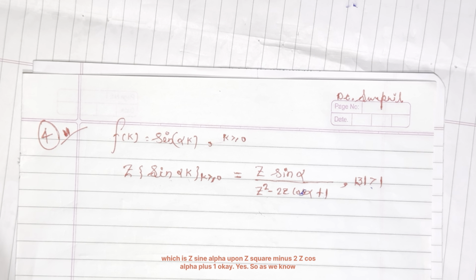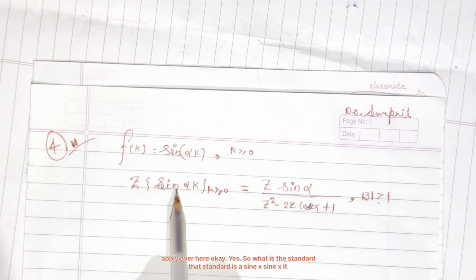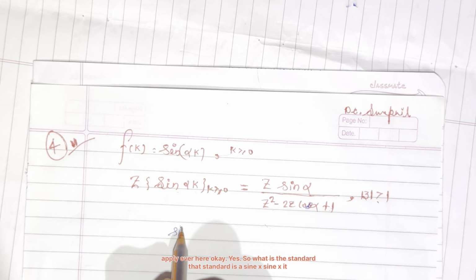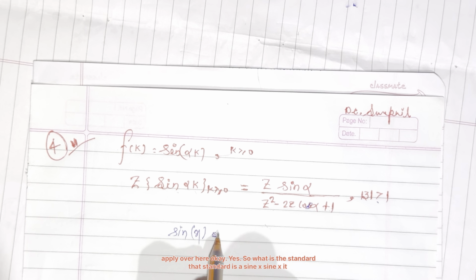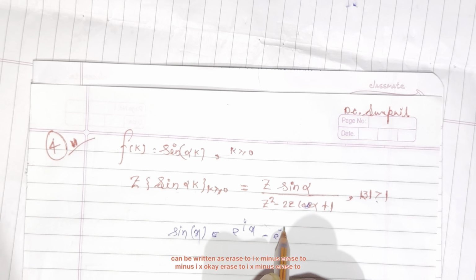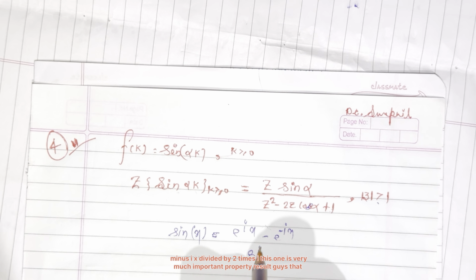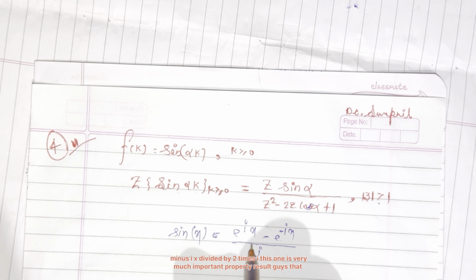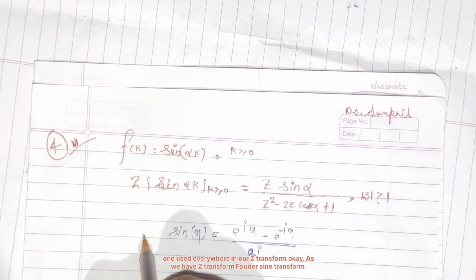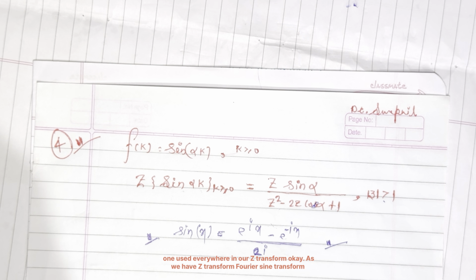As we know, we already learned one standard result that I'm going to apply here. Sin x can be written as e raised to ix minus e raised to minus ix, divided by 2i. This is a very important result that is used everywhere in the Z transform, Fourier sine transform, and cosine transform, where you have to deal with the values for sin and cos.